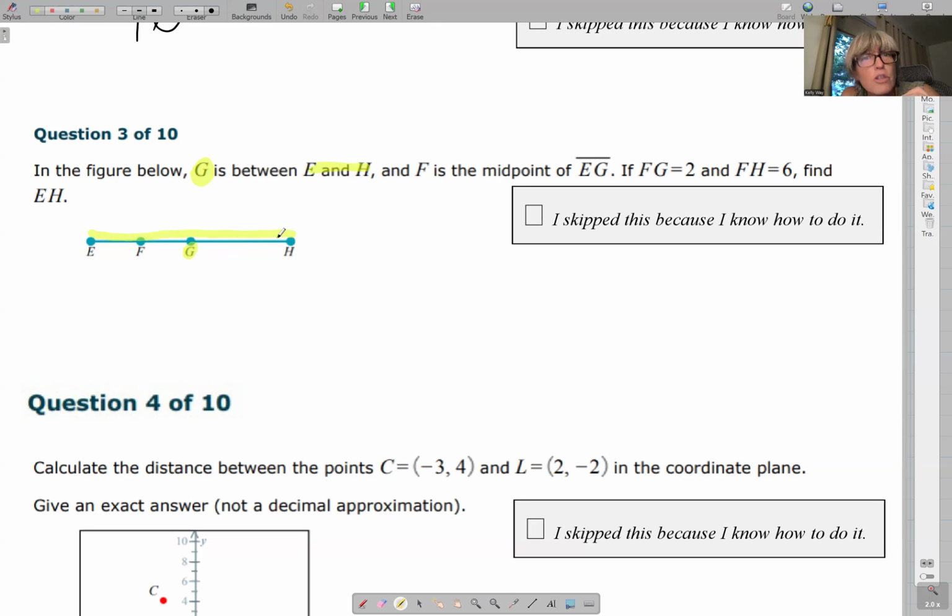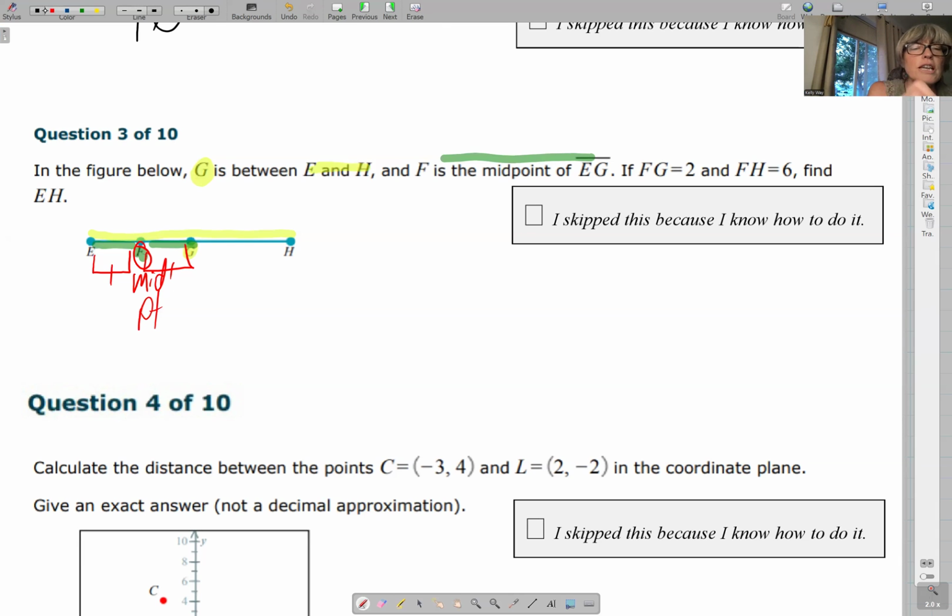It looks like G is a midpoint, but it is not. It just says between. F is the midpoint of EG. So F is the midpoint here. That means E to F and F to G are going to be the same.